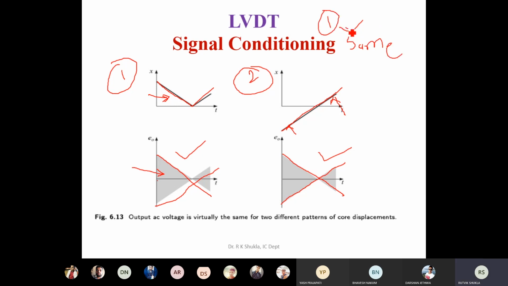The output of LVDT in both the cases remains same. It means even though the input movements are different, your output is same. So the first question arises how to distinguish between the two movements. Whether the movement is this way or that way, how do you distinguish? That is the first problem.